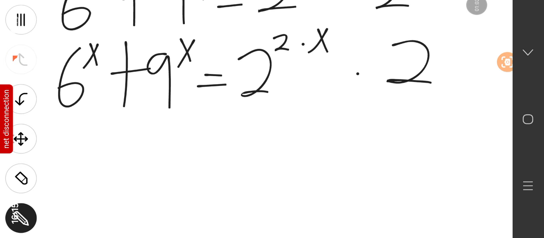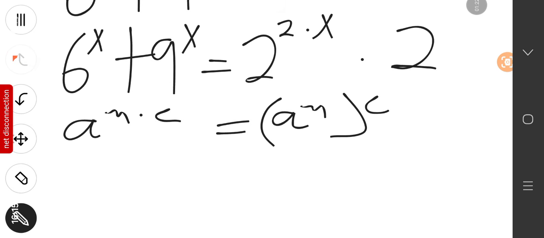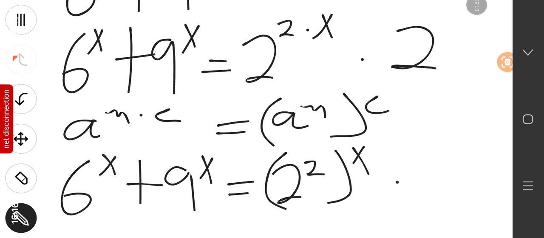Now we are going to apply the power of a product law of indices here. If you have a^(m times c), this is equal to (a^m) raised to the exponent c. So our equation becomes 6^x + 9^x equals 2^2 in a bracket, and then we have x here times 2.